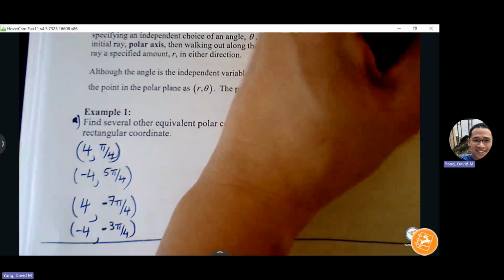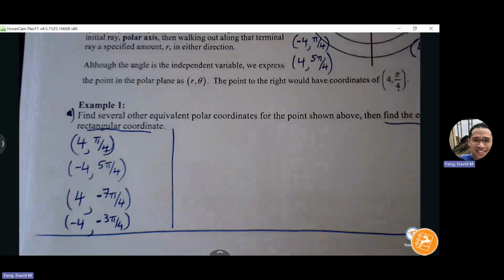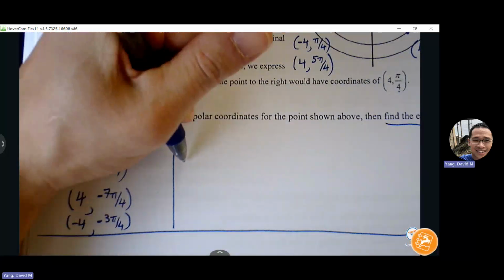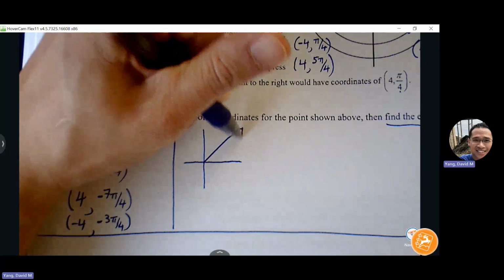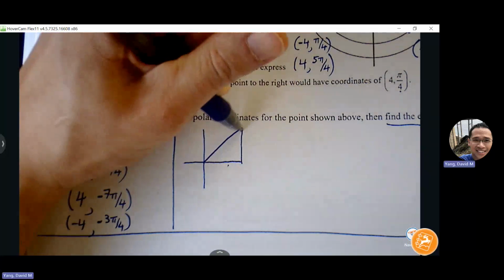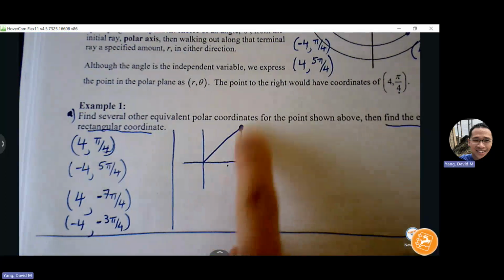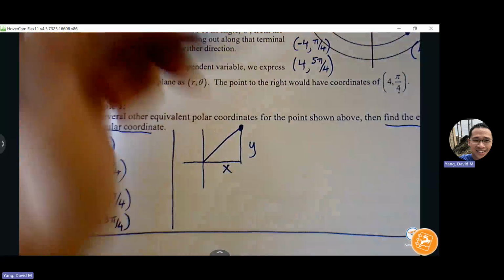It says find the equivalent rectangular coordinates. So let me produce notes here. Now, equivalent, let me draw a triangle here to show the relationship between polar and rectangular coordinates. So if I want to find this point up here, normally we would go x and y, right? I will go to the right x and up y. That will take me to that point there.